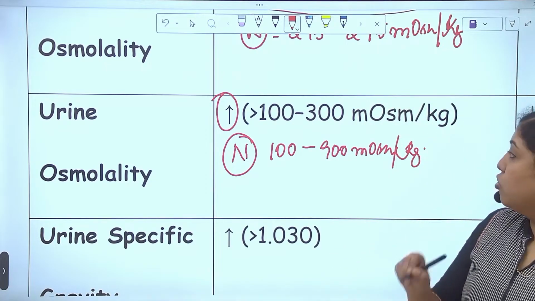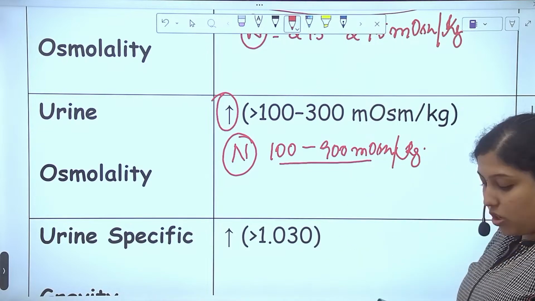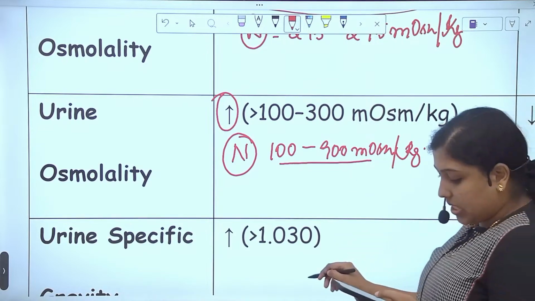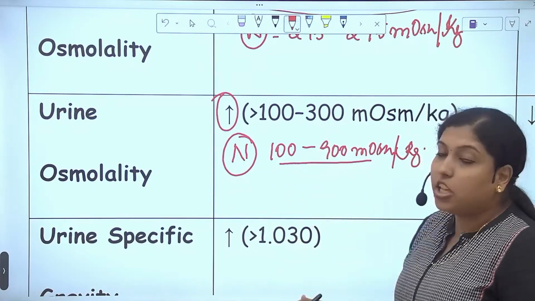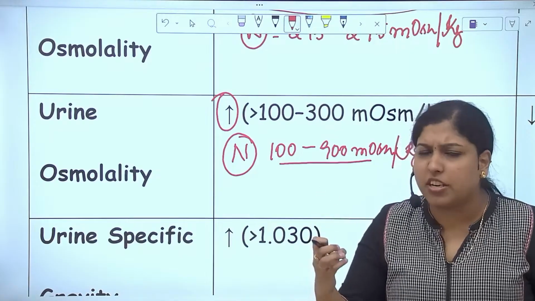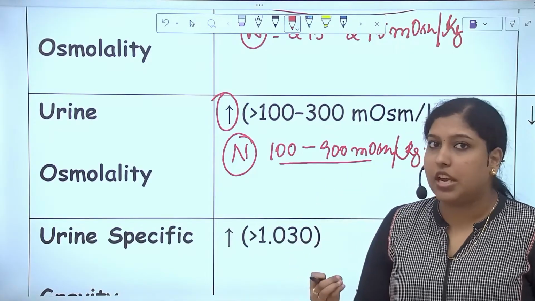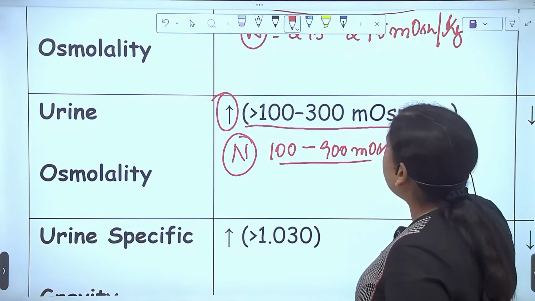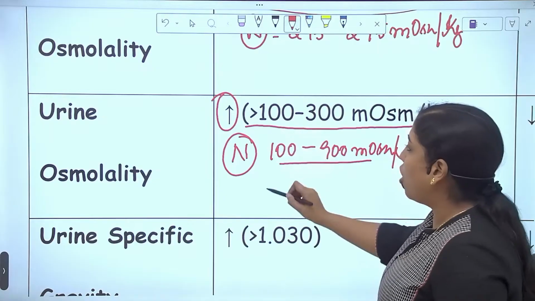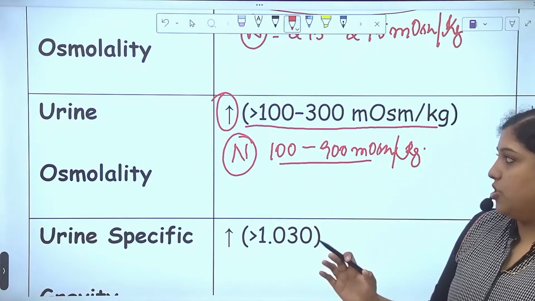In SIADH, the urine is going to be very concentrated because very little urine output is there due to the increased ADH hormone, so the urine osmolality is going to be higher than normal.